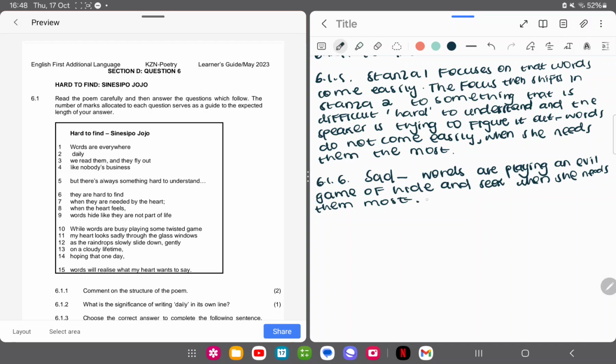The sadness is shown by the raindrops, the rain.